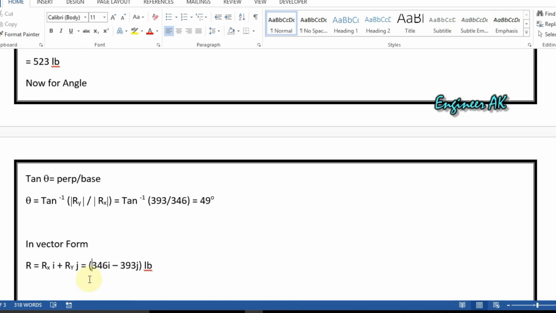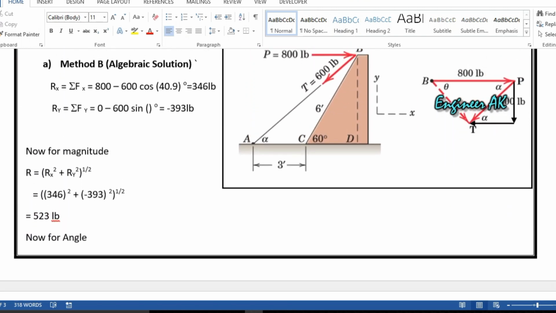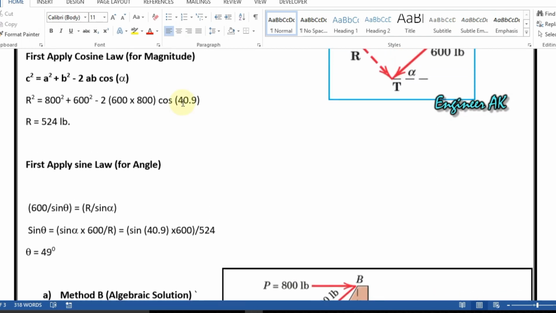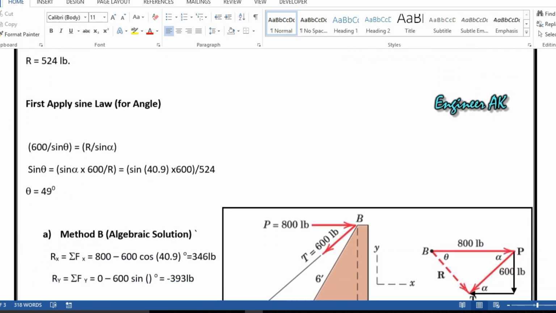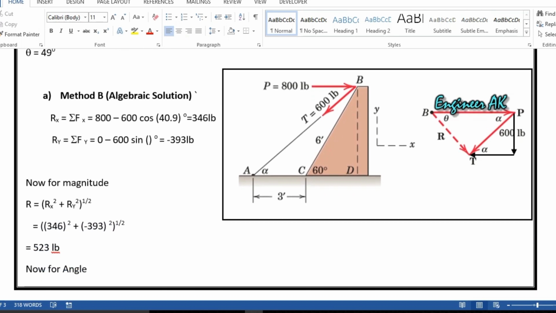In this way, you can see that the angle is 49 degrees and the resultant is 523, and it is also giving me 523 or 524, almost the same, and the angle is 49 degrees. So in this way you can find the resultant.